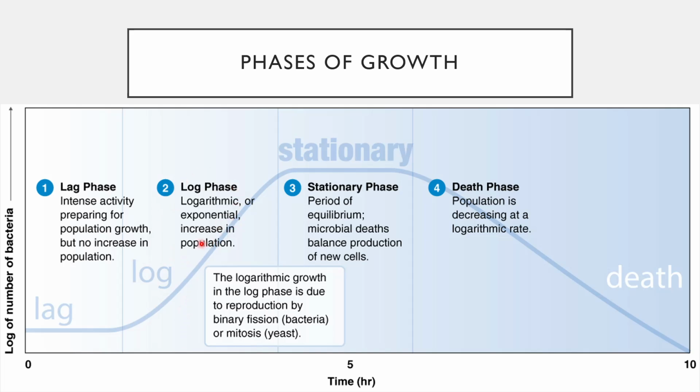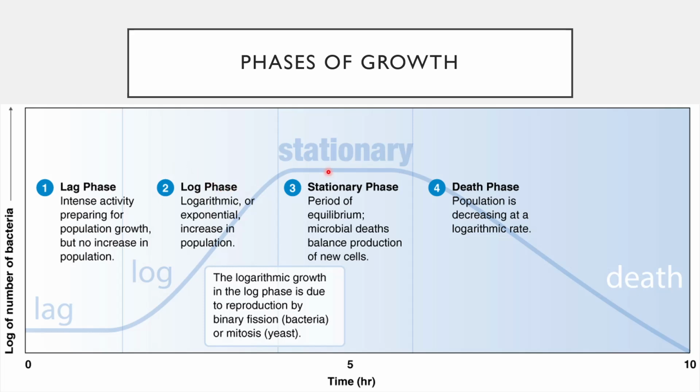It is called the log phase because log is an abbreviation for logarithmic, which is synonymous with exponential. It is during the log phase that we start to see increasing growth at an increasing rate. So at this point, the bacteria are dividing furiously. They're cloning themselves over and over again and taking full advantage of the nutrition available in their environment.